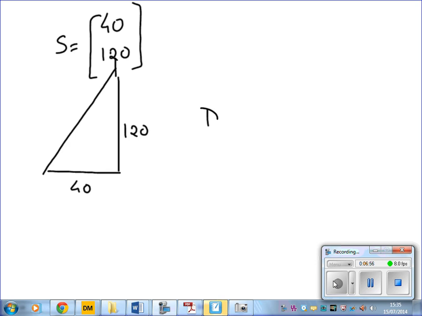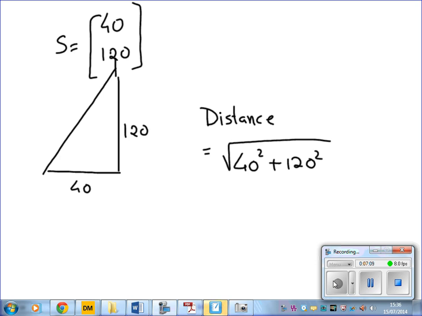So the distance is going to be the square root of 40 squared plus 120 squared. Type it in your calculator and give your answer to three significant figures, please: 126 meters. That is to three significant figures. And that's your answer to part 4B.